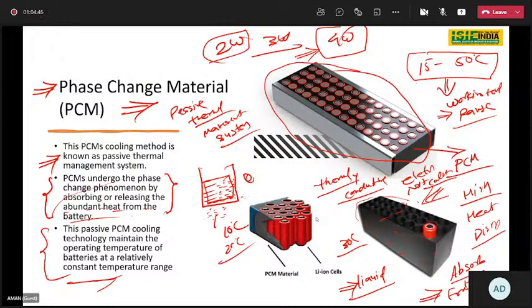Here you can see in this image there is one aluminum plate. The point is that this PCM material and the cell will be almost equal in temperature. As per Newton's law of cooling, if there are two bodies, body A and body B, and the temperature difference is less, the heat flow is also less.